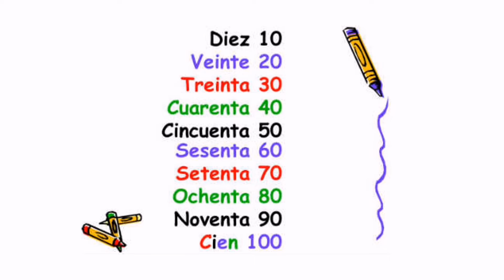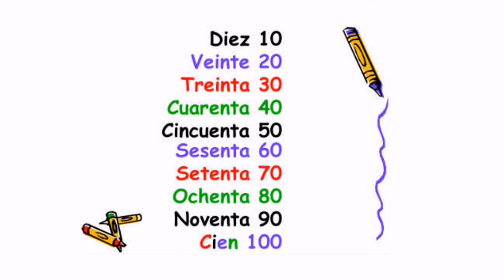Now things get a little bit more tricky from 20 and up, but it's very easy. Let me teach you how to do it. First of all, we're going to revise the numbers from 10 to 100.